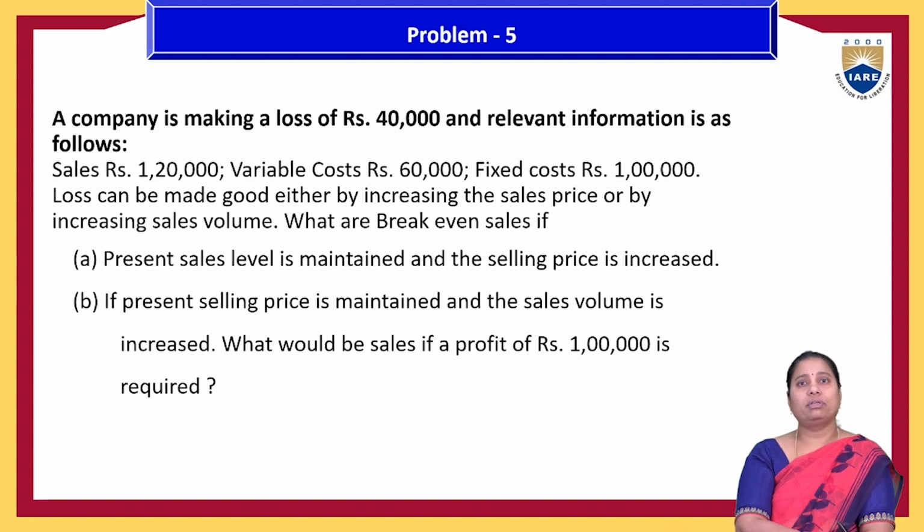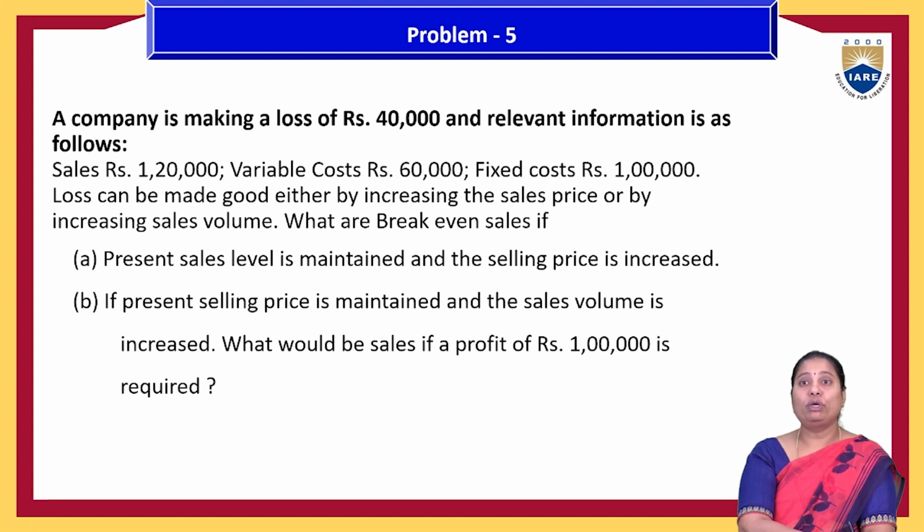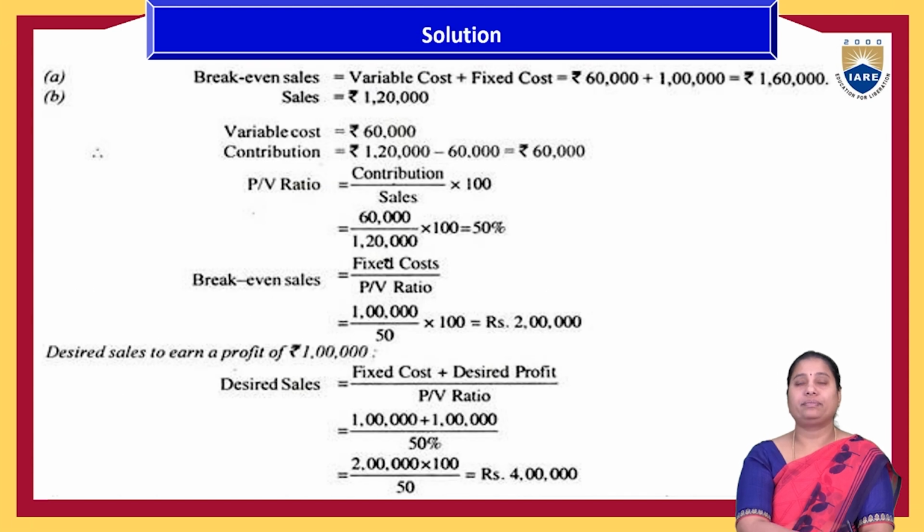What are the break-even sales, A, if the present sales level is maintained and the selling price is increased? And B, if the present selling price is maintained and the sales volume is increased. What would be the sales if a profit of 1 lakh is required?